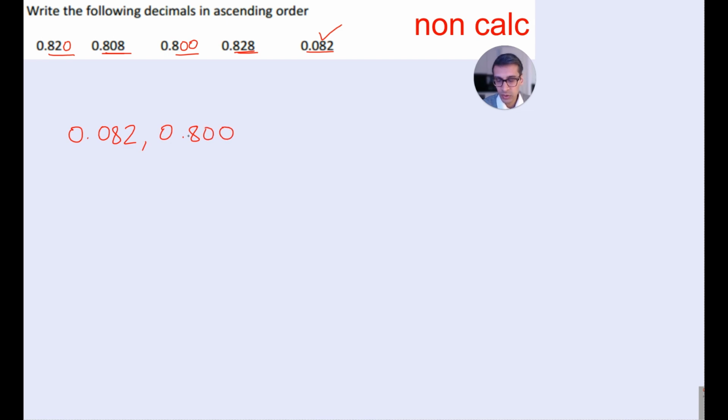Now you shouldn't say 0.800, that's not correct. I'm just referring to the number after the digits. You should say 0.8 technically. After that we've got 808, so 0.808. After that we've got 820, and then we've got 828.